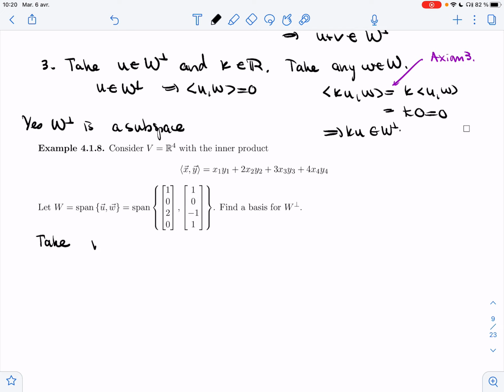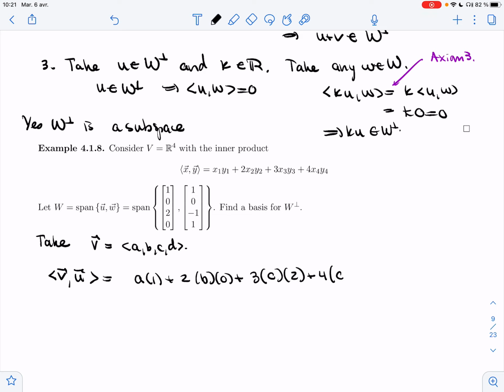a random element. So I'm going to take v to be (a, b, c, d). v is perpendicular to u, and so that would be a times 1 plus 2b times 0 plus 3c times 2 plus 4d times 0. And so I'm getting a plus 6c should be 0.